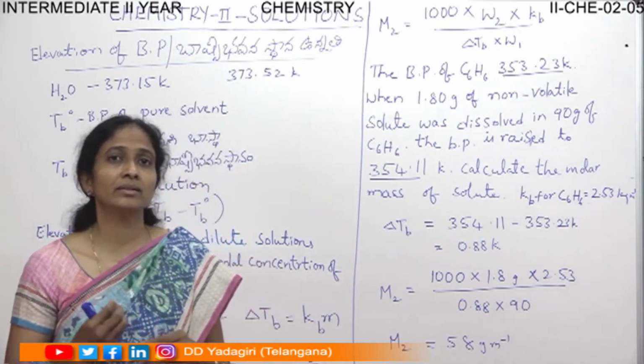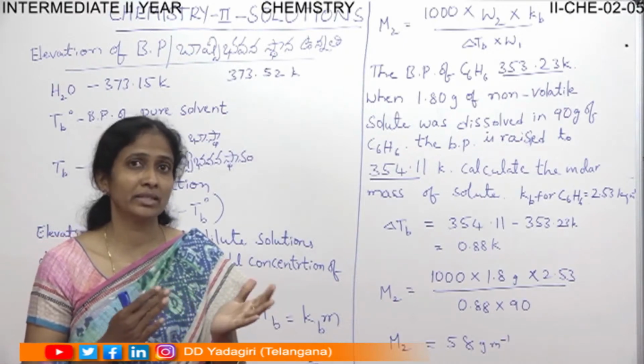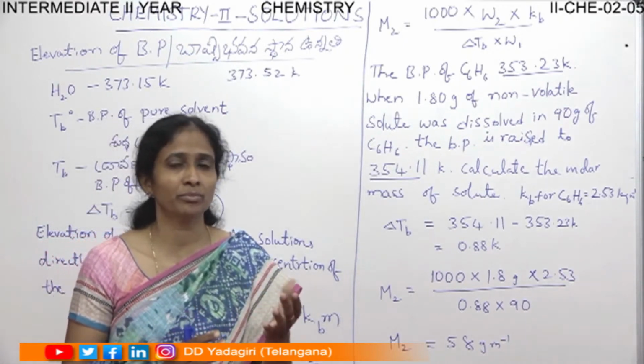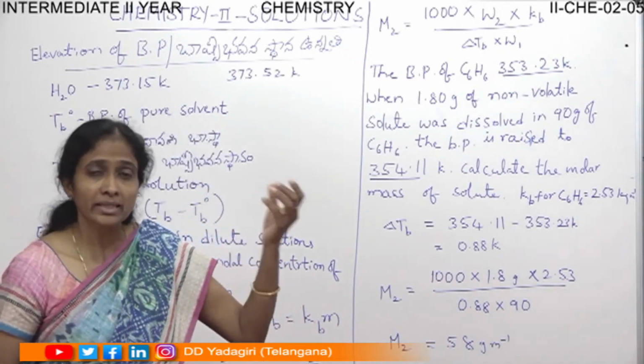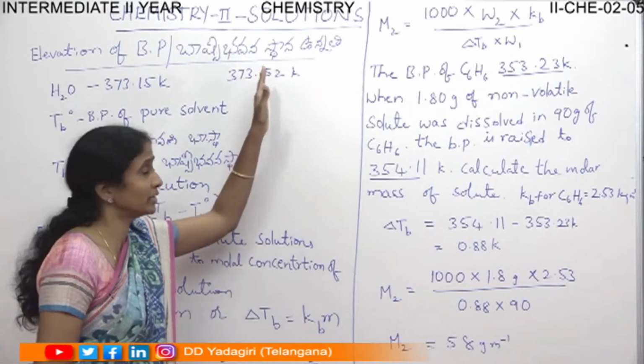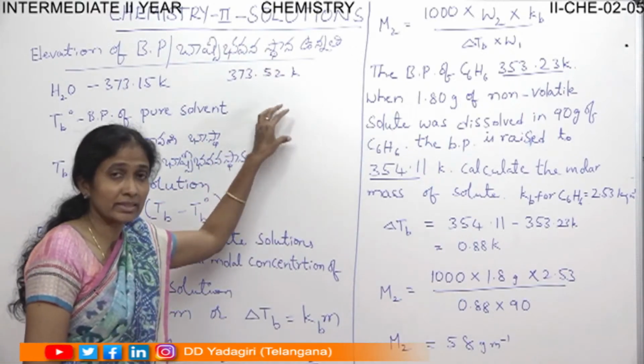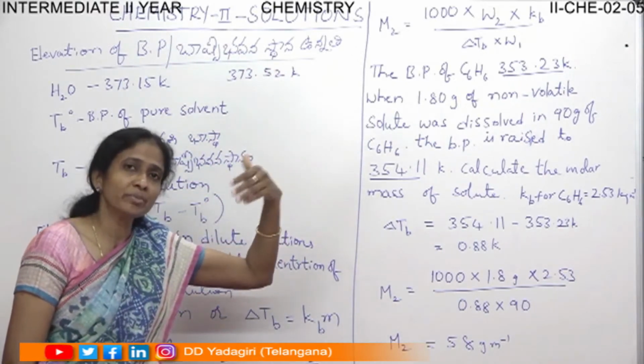So when we add sucrose, it changed to 373.52 Kelvin. That means the boiling point has increased.